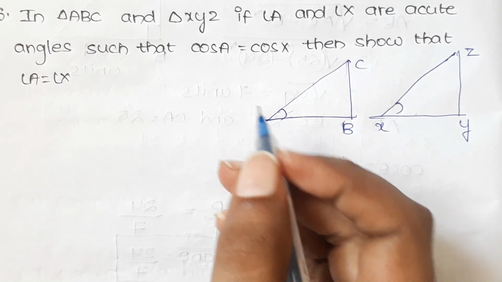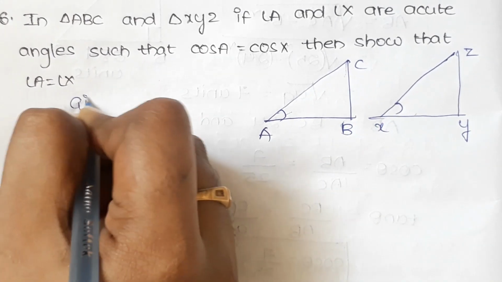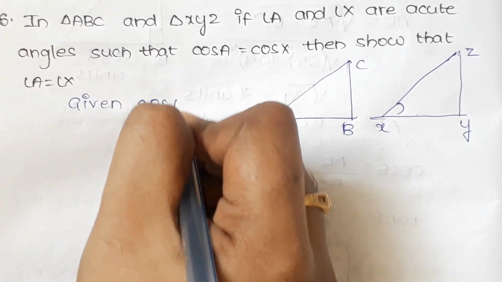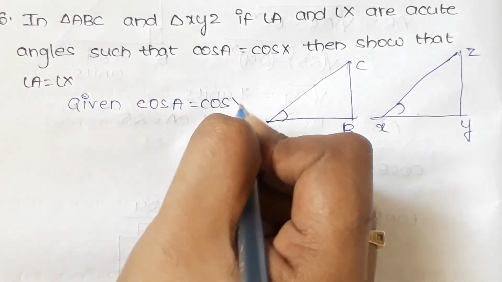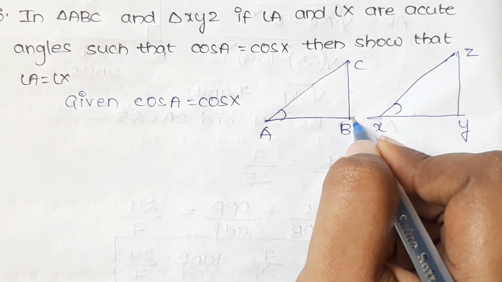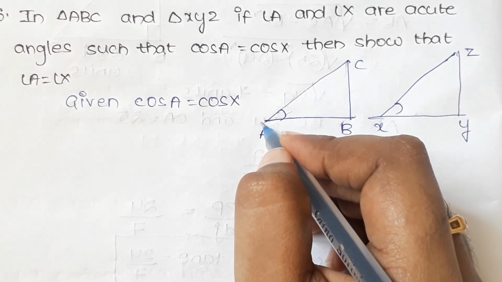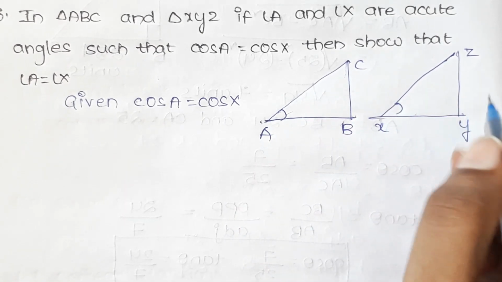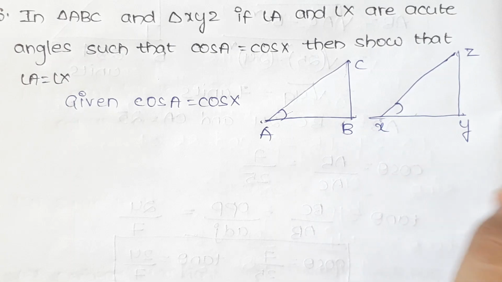And now here given cos A equals cos X. Cos A is nothing but adjacent side by hypotenuse, that is AB by AC, and similarly XY by XZ.